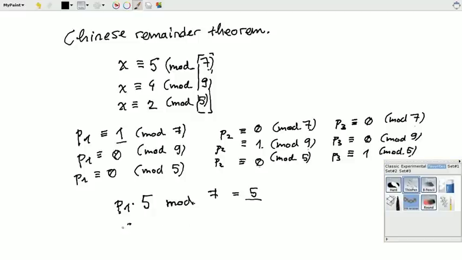And also, when you multiply 5 and P1 once again, and take the residue modulo 9, you get 0. And the same thing with 5. You also get 0.